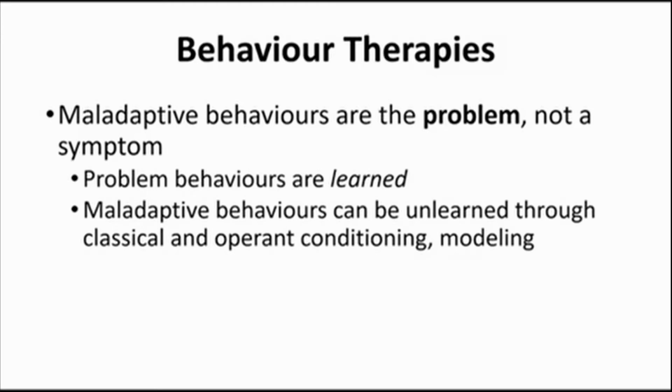So the idea here is that these maladaptive behaviors could be unlearned through classical or operant conditioning, through modeling. So instead of doing a problematic behavior, so instead of a child screaming at the supermarket, maybe we get them to do something else. Or maybe we get them to unlearn that screaming behavior.